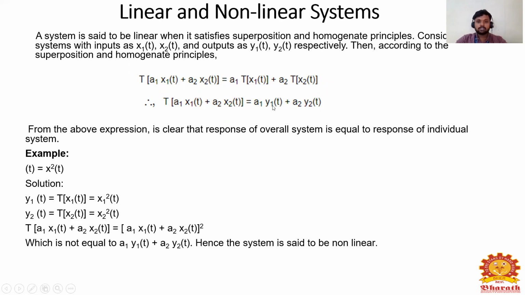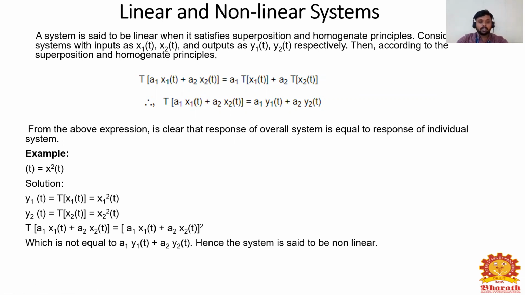So this satisfies the homogeneity and superposition principles. If it satisfies the superposition principle, then this system is said to be a linear system. From the above equations, it's clear that the response of the overall system is equal to the response of the individual systems.